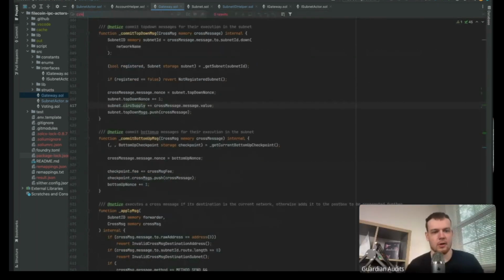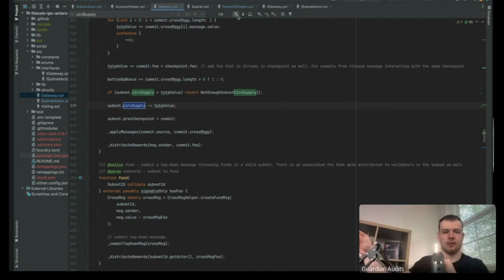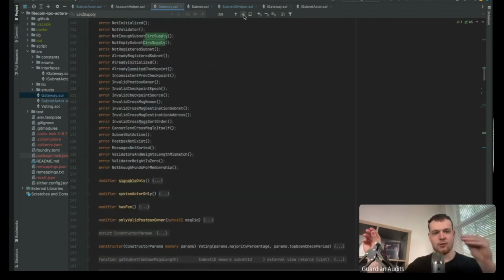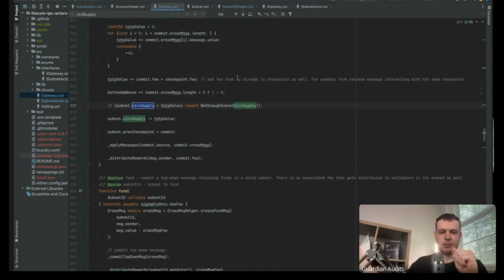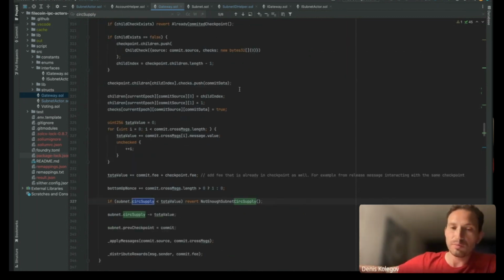Right. And so I saw that fund function. The fund function is payable. So really, when I want to send the native token to another subnet, I first have to send those native tokens to this gateway here. Then this gateway will hold on to the native tokens on this subnet and transfer those to the different subnet. And this will be propagated using the hierarchy, bottom up or top down.